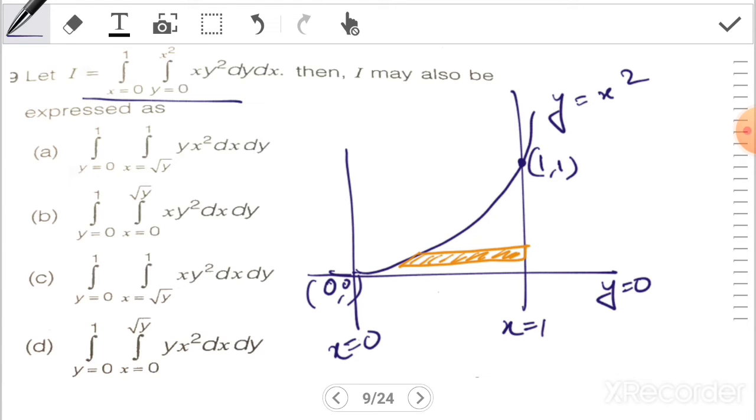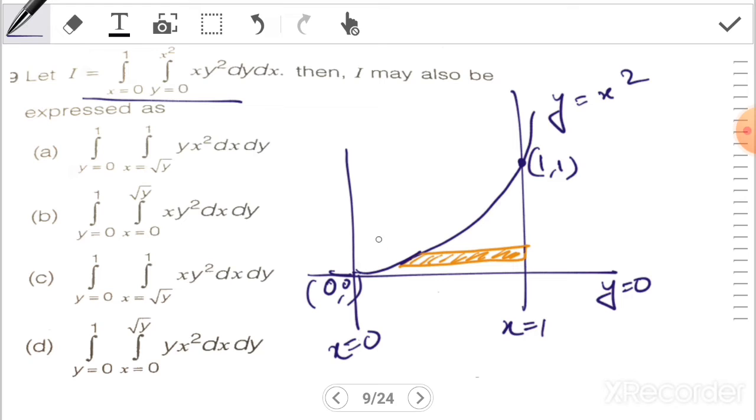So here y must be constant, and y is varying from 0 to 1, and x lies, one end point lies on the curve y is equal to x square.